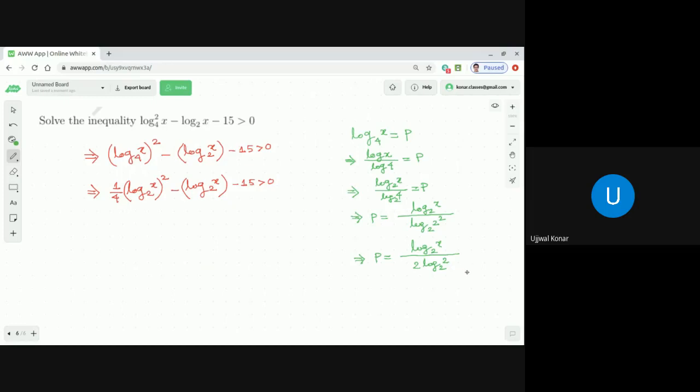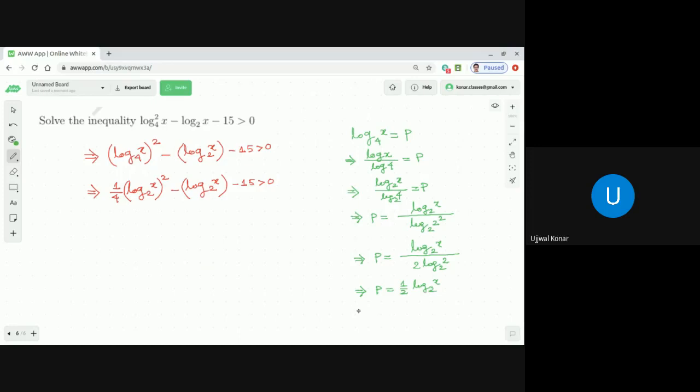The power formula says that log of m power n is equal to n log m, dear students. And log 2 base 2 is 1. So you get p is equal to 1 by 2 log of x base 2.